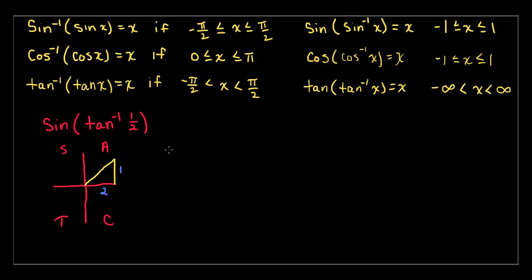So we have x squared plus y squared equals the hypotenuse squared. So 4 plus 1 equals the hypotenuse squared. 5 equals the hypotenuse squared, which means the hypotenuse is square root of 5.